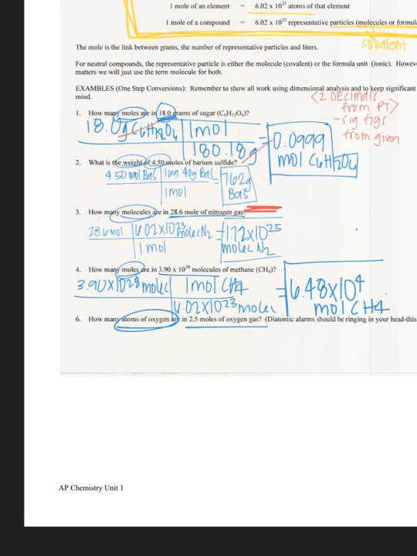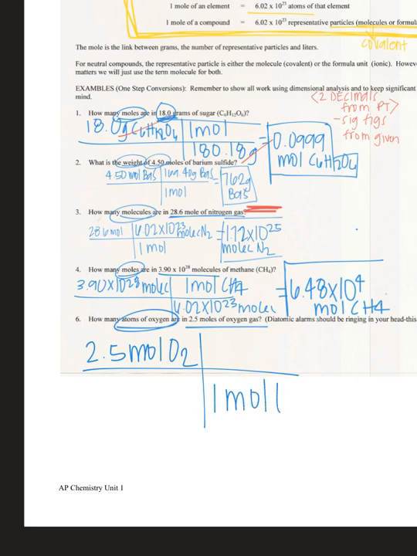So 2.5 moles of O2, and for every 1 mole of O2, I have 6.02 times 10 to the 23rd molecules of O2.